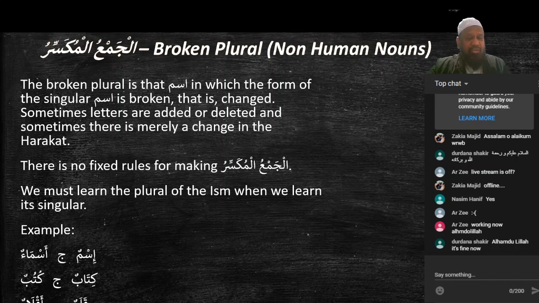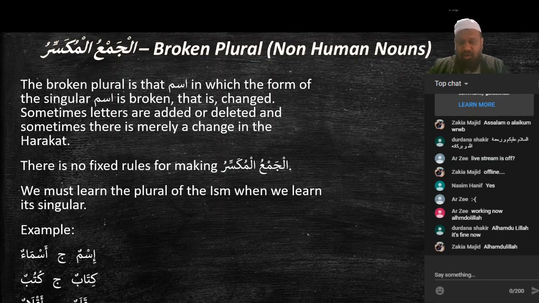Kitabun, jama Kutubun. Qalamun, jama Aqlamun. Kalbun, dog, jama Kilabun.